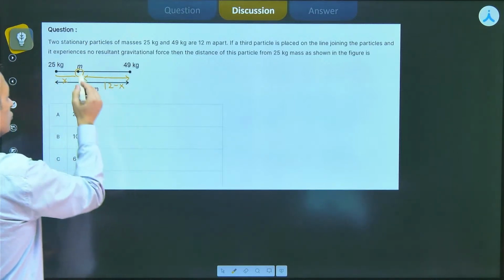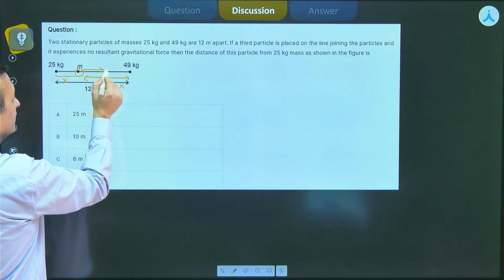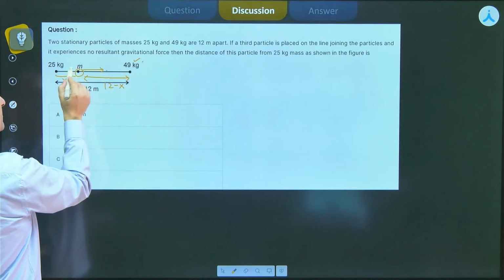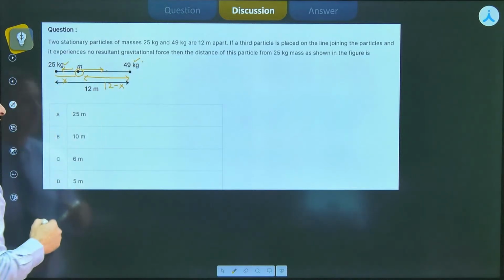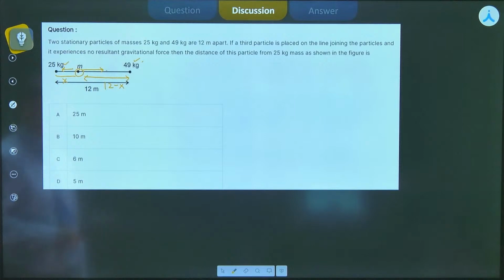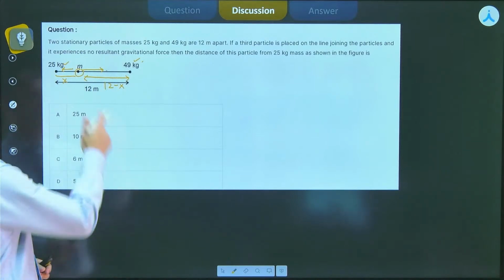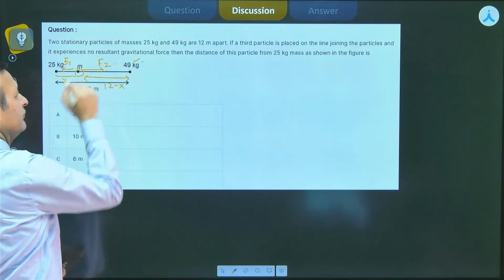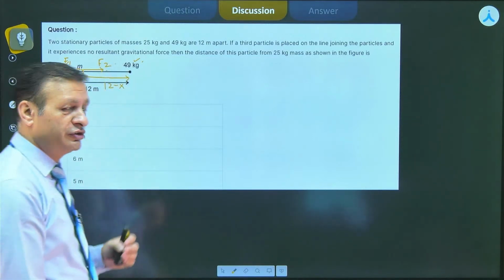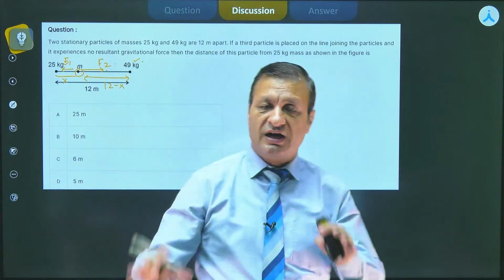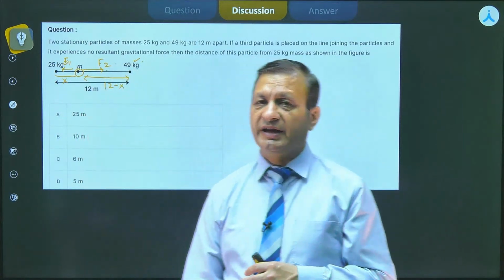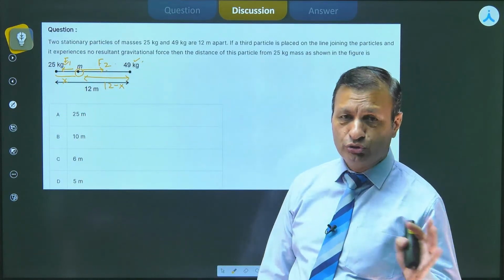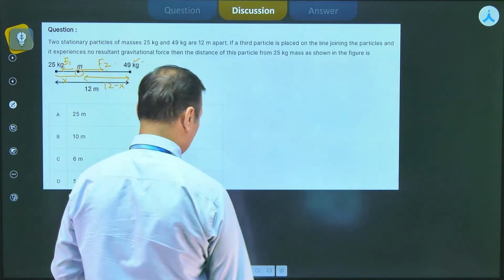Got it? So this mass is being attracted by this particle and by that particle, and the net force experienced is 0. That clearly says, let's label this force as F1 and this force as F2. These two forces F1 and F2 are definitely opposite in direction but have to be equal in magnitude. So how do you calculate it?